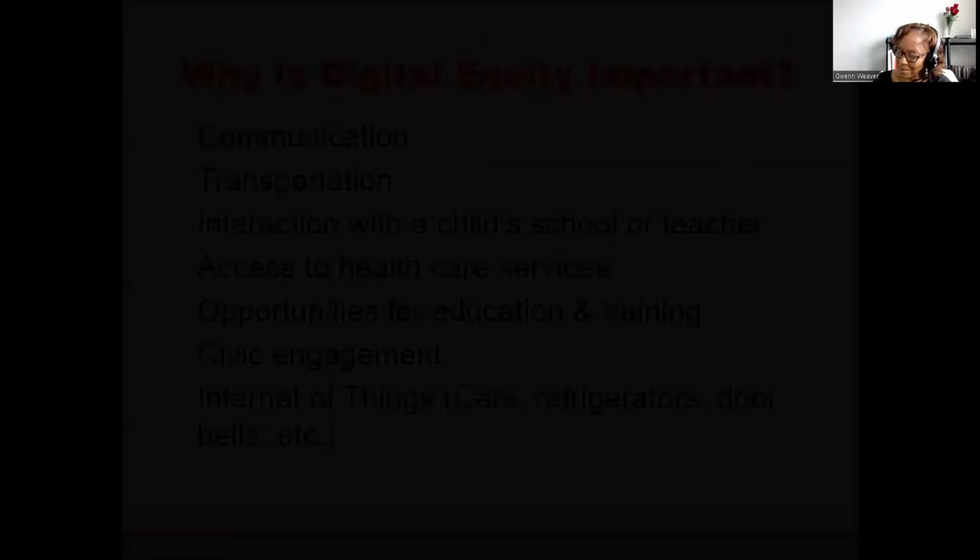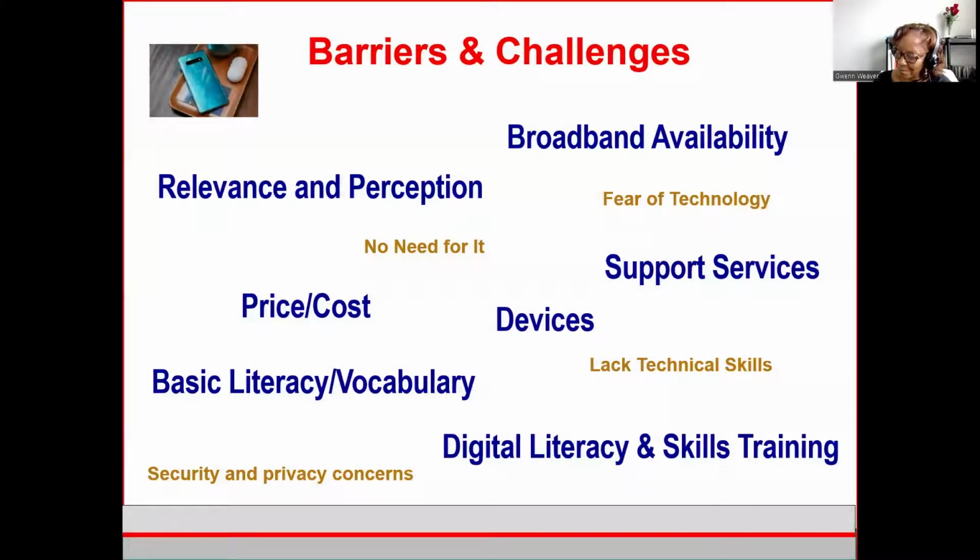To the context in which our adult learners need to be able to function. We have barriers, we have challenges. I'm sure those of you who are providing training or support are running into some of these issues, especially relevance, perception, and price, in terms of access to the internet and access to devices and so on.